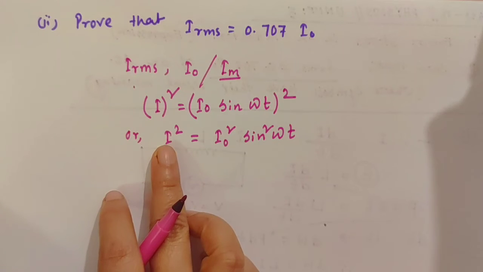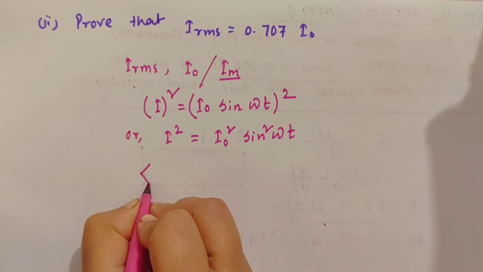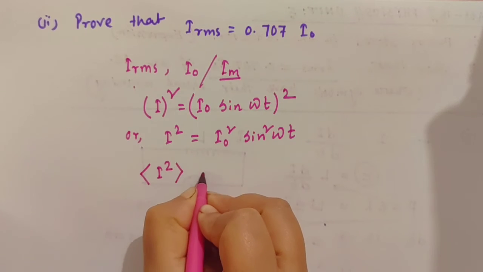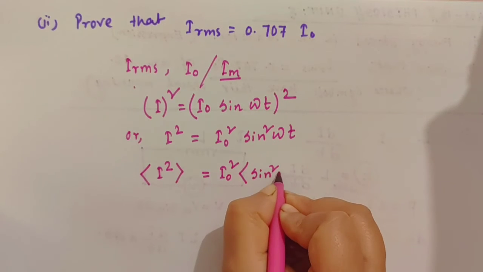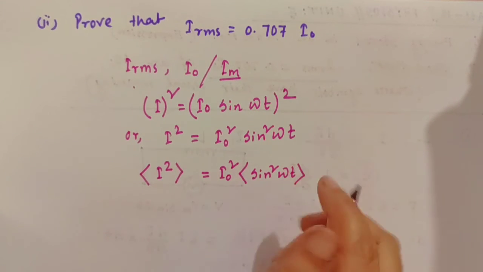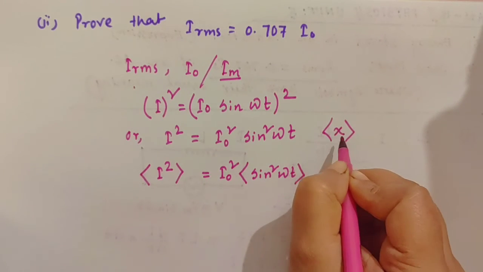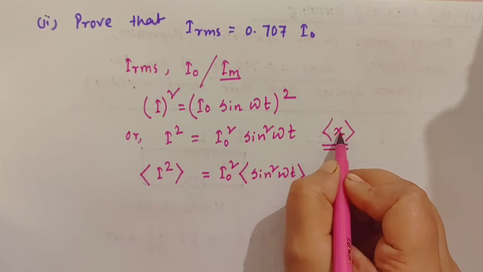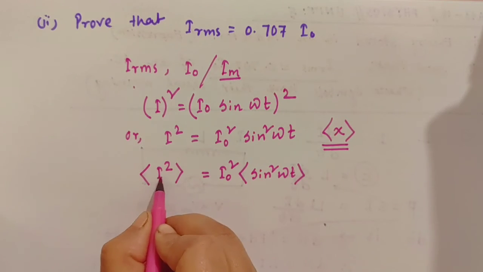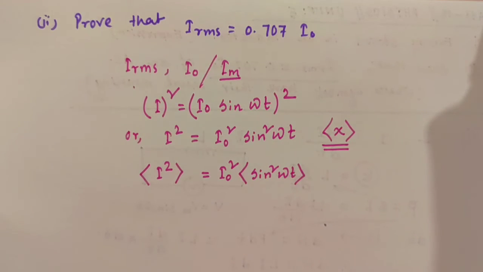The average value of I square is equal to I naught square times the average value of sine square omega t. By this symbol we represent the average value. Suppose if we write x in between these two symbols, then we call this the average value of x.